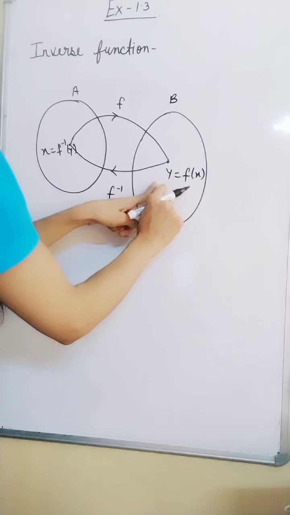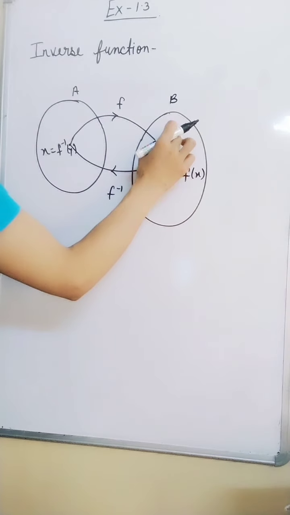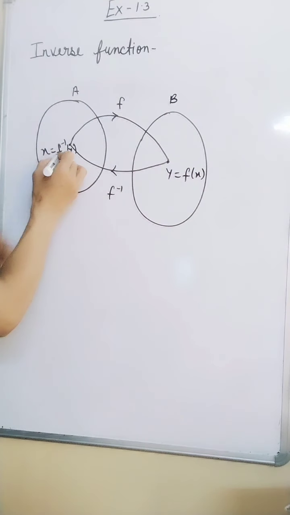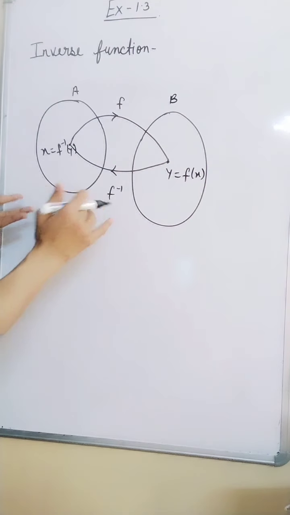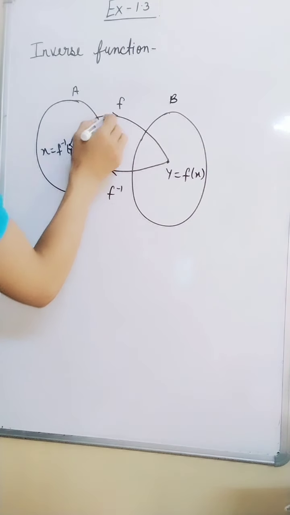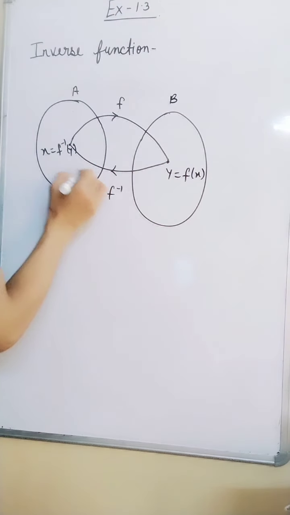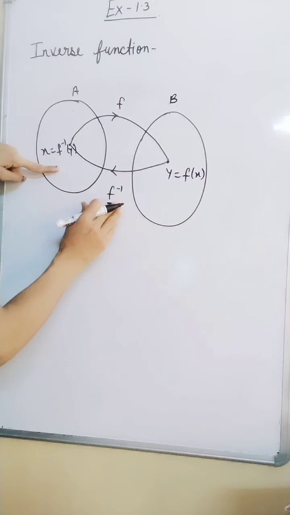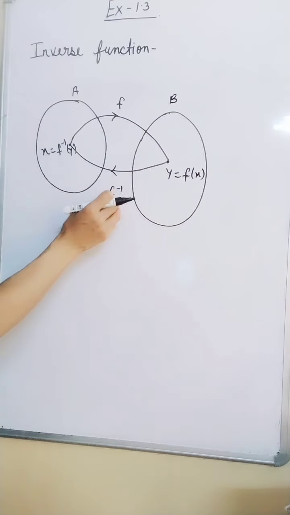Then if I can associate each element of this set B with the pre-images in this set, denoted by f inverse, then that function is known as f inverse. You can say that if there exists a function f from A to B, then if there exists a function from B to A, that is known as f inverse.